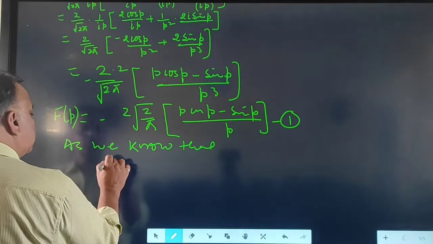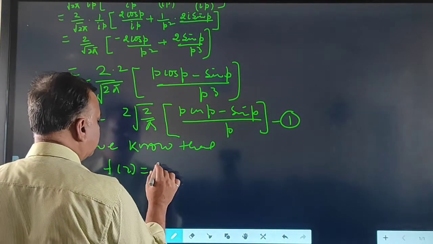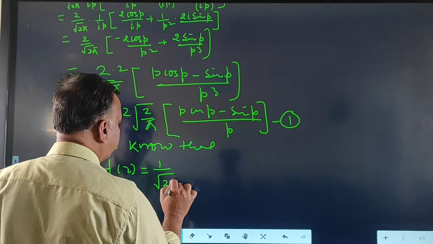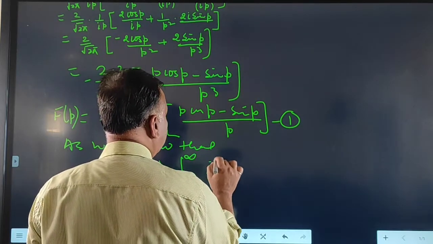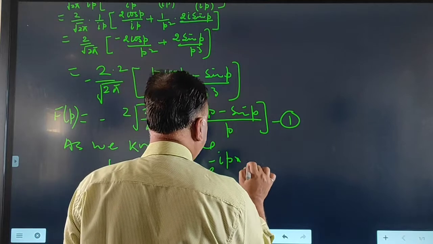So fx is equal to 1 upon root 2 pi, integration minus infinity to infinity, e raised to minus iota px fp.